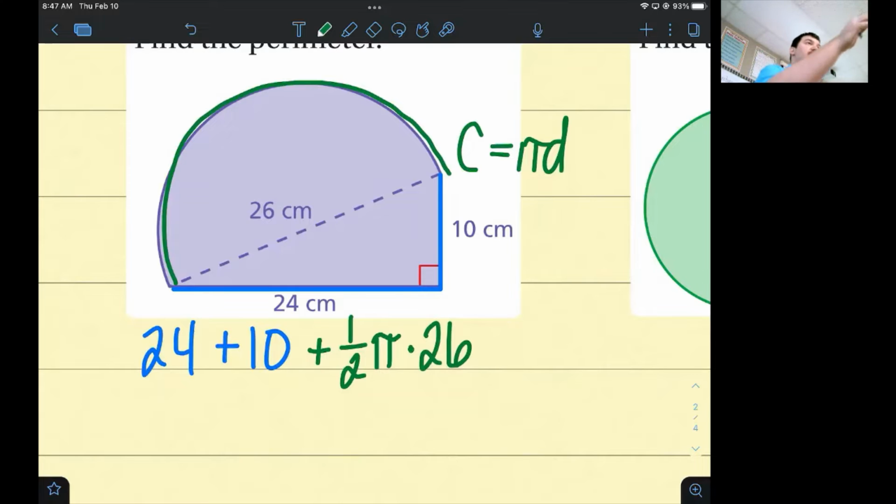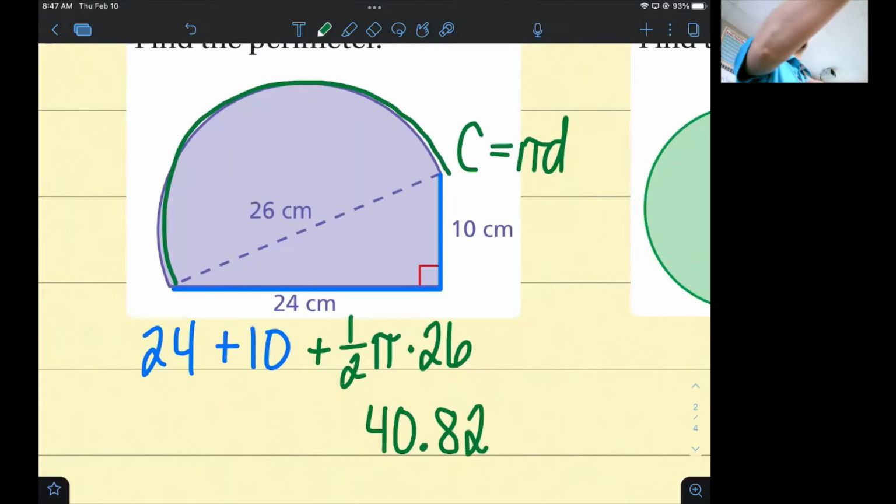So if I just do the green part here, the multiplying part, what's that going to give me? Okay, 40 point, you say 85, okay, 84. My 3.14 gives me 82. Okay, but you're welcome to use the 84 because you use the pi button again, right?